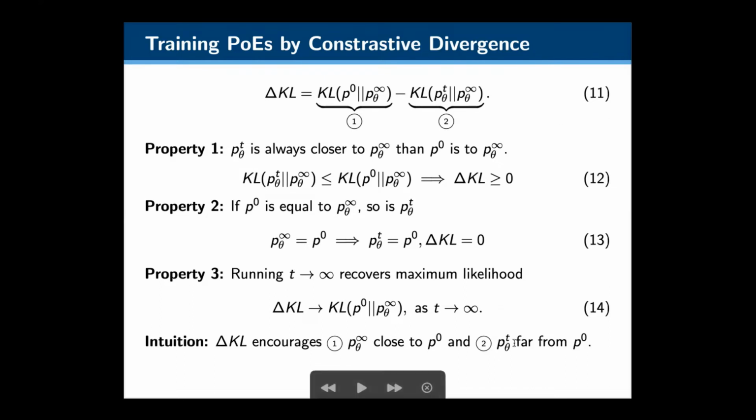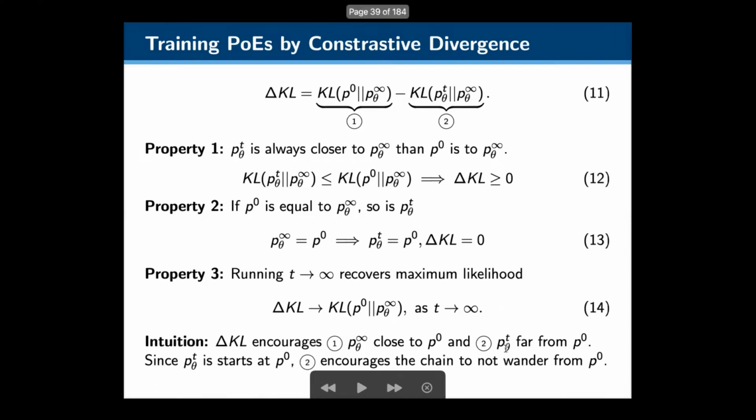The second condition comes from the second term, and you basically want this to be large. So you want PT to be far from P0, and the reason is that since PT starts at P0, term 2 encourages the chain not to wander away from P0.